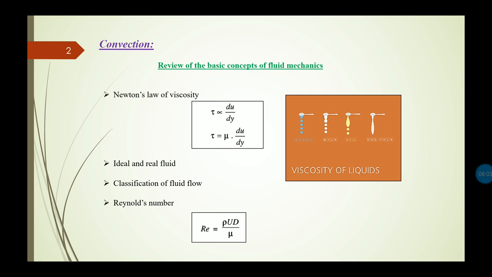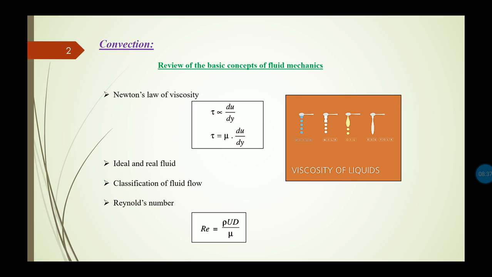Now in case of viscosity, there was one law that we have studied earlier, which is known as Newton's law of viscosity. So what was that Newton's law of viscosity? It is the statement that the shear stress is proportional to the rate of shear strain or shear deformation.